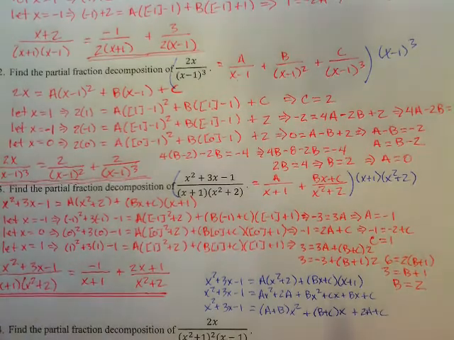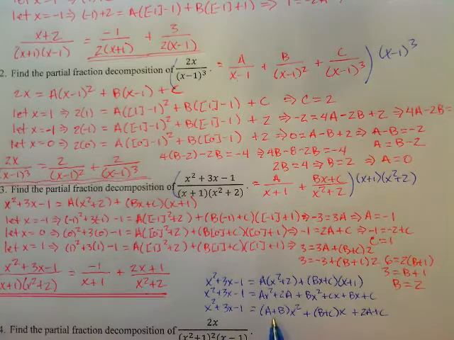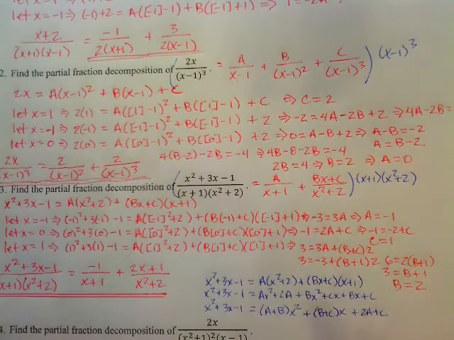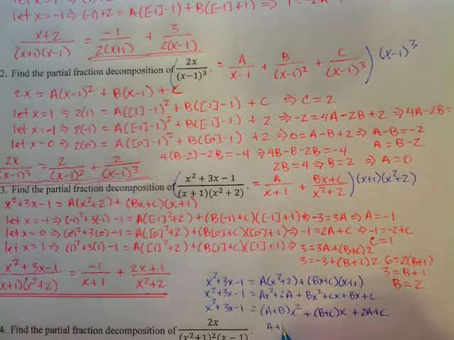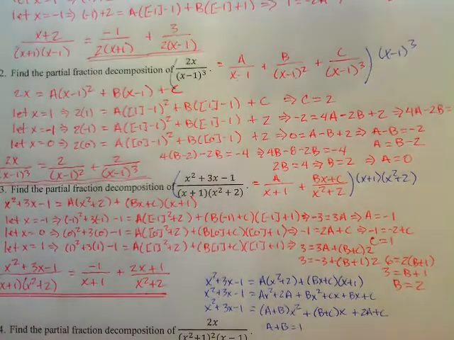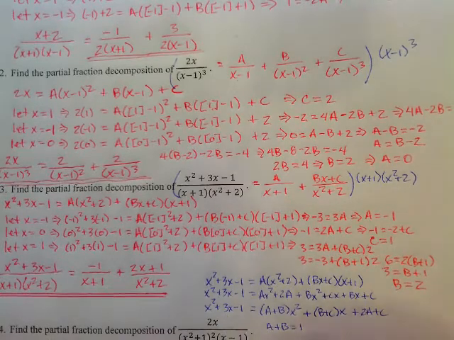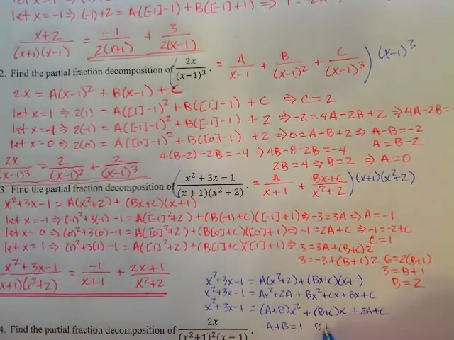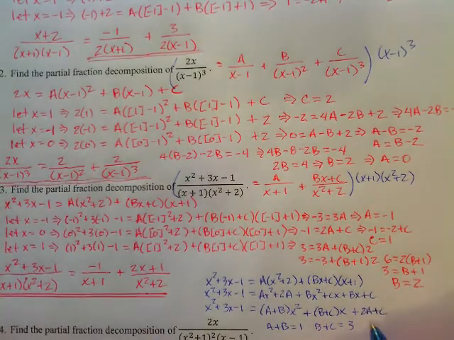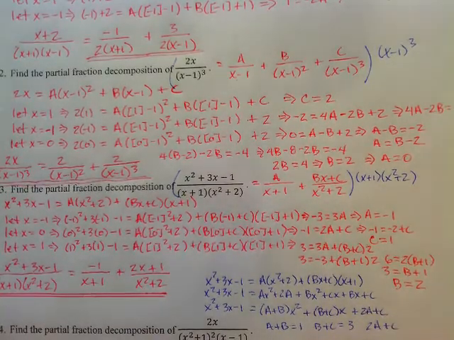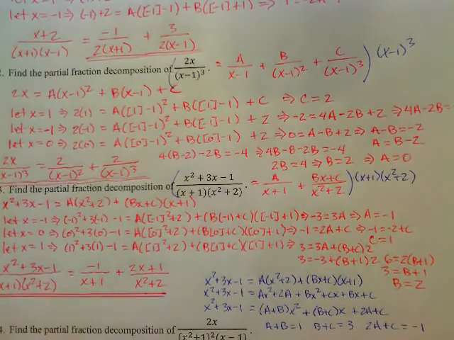Now, just matching terms, here we have x squared, here we have a plus b x squared, so that tells me that a plus b has to equal 1. And here b plus c x, here 3x, so b plus c has to equal 3. And then finally, our 2a plus c has to equal negative 1.